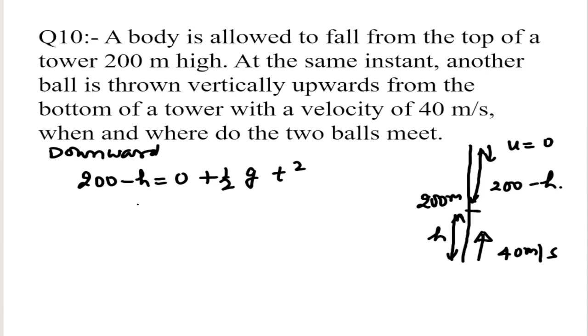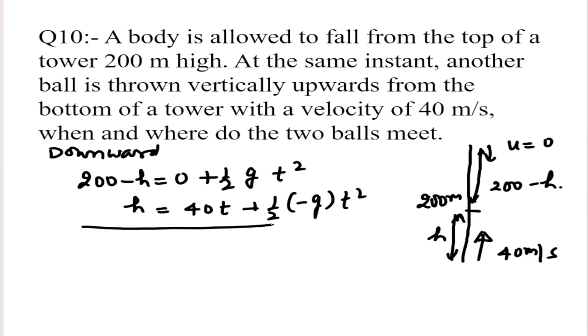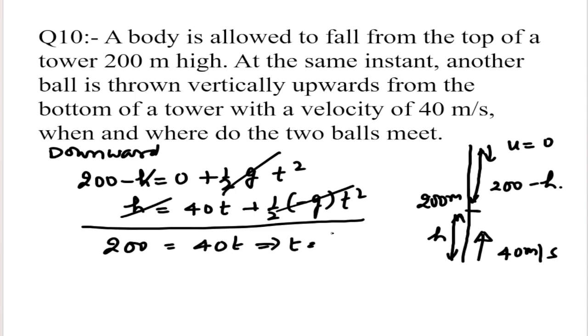For upward motion, h equal to 40 t plus half a, which is negative, minus g into t square. Now on adding, half g t square cancels, h cancels. So 200 equal to 40 t. This implies t equal to 200 upon 40, which means 5 seconds. The balls will meet after only 5 seconds.